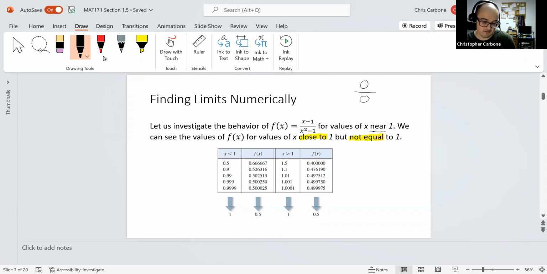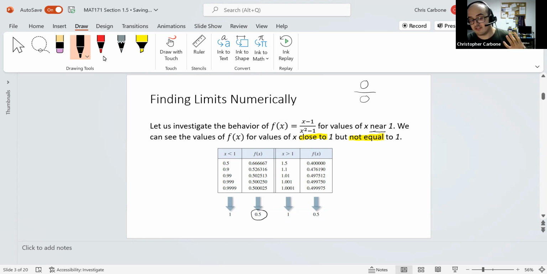We get about 0.667 to begin with; if we put 1/2 into this function, 0.5263 about when we put 0.9, 0.5025, 0.500250, 0.50000025. See those numbers going down, mind you slowly, as we're getting closer and closer to the value of 1, but we start approaching the value, as I have here, of 1/2.